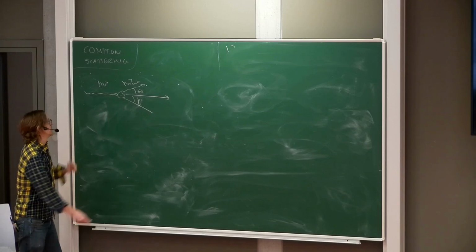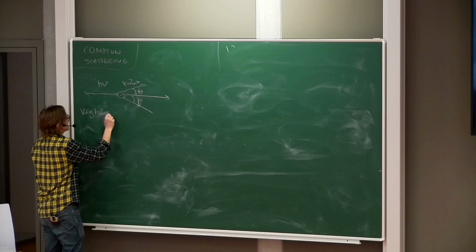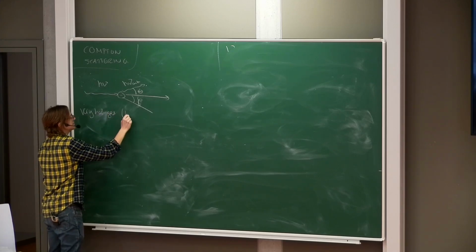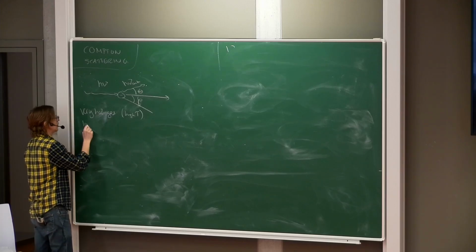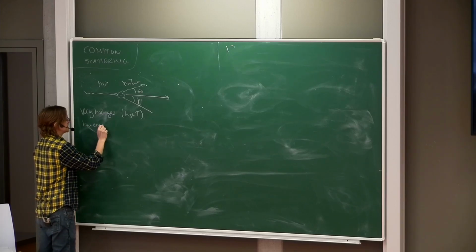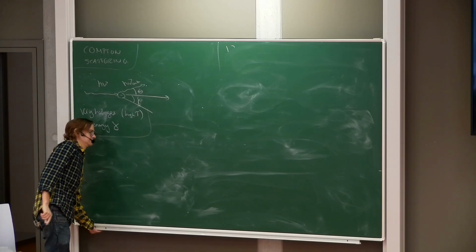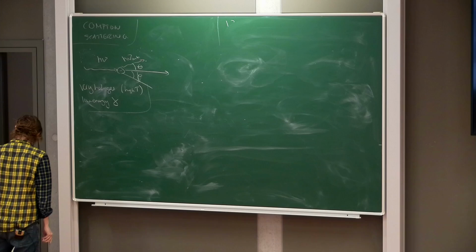That is, we have a very hot gas with a high T that is interacting with low energy photons. And that was my discussion, of course, in the beginning relating to that.